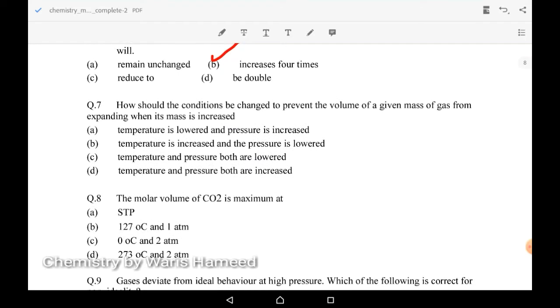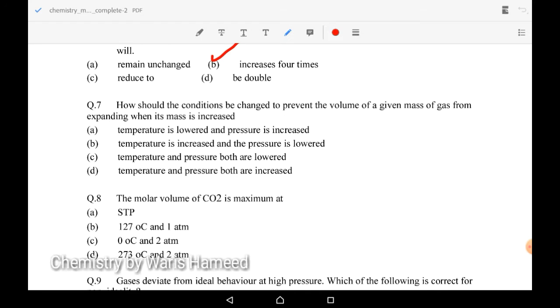Next, 7th MCQ. How should the condition be changed to prevent the volume of a given mass of gas from expanding when its mass is increased? You are adding gas to a container and you want no change in volume.